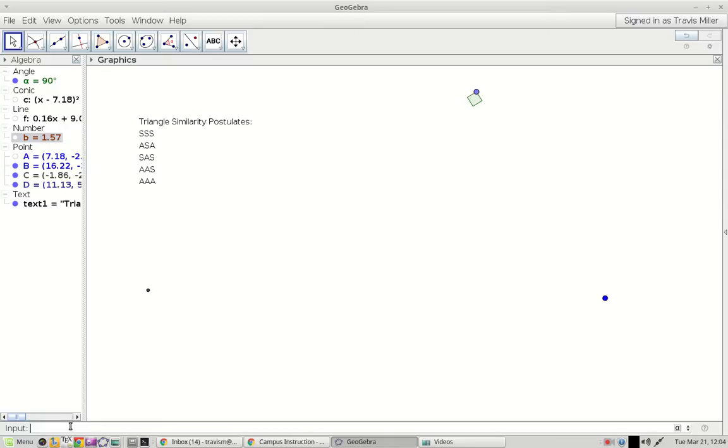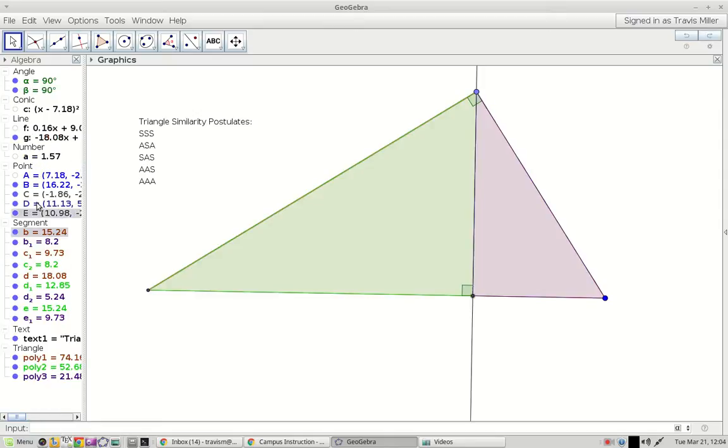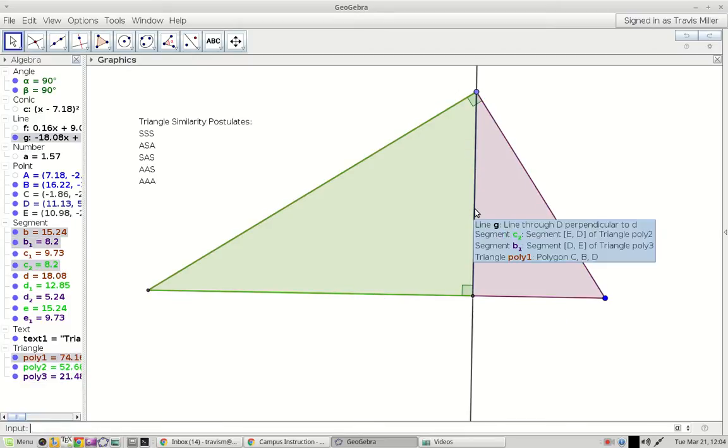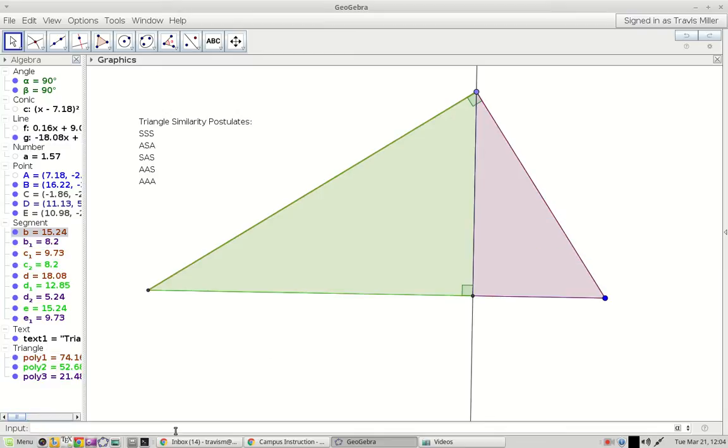Why is it doing that? Is there already an object B? There is already an object B, and that's why it's deleting it. So I have to create an object that's not there, Z. Z equals D sub 1 divided by C sub 2.